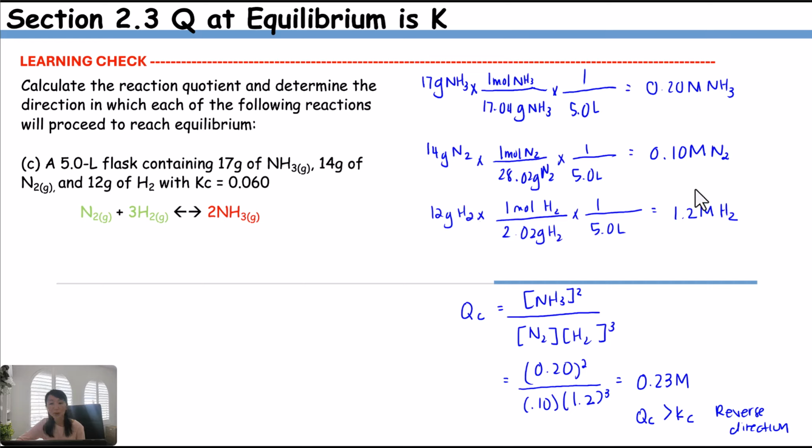I took all of the molarity values and plugged them into the reaction quotient and got 0.23. Notice that all of these are in response to the significant figures of the grams, and so is the Qc, or the reaction quotient. In the end, the reaction quotient is greater than Kc, meaning it needs to go into the reverse direction.